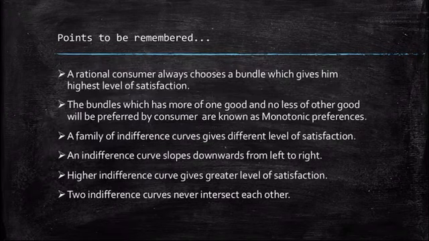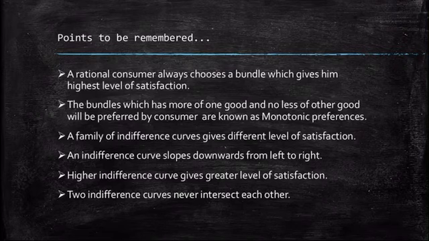Okay students, in today's session we started with the new topic of monotonic preferences, which means a rational consumer always chooses the bundle which gives him the highest level of satisfaction.